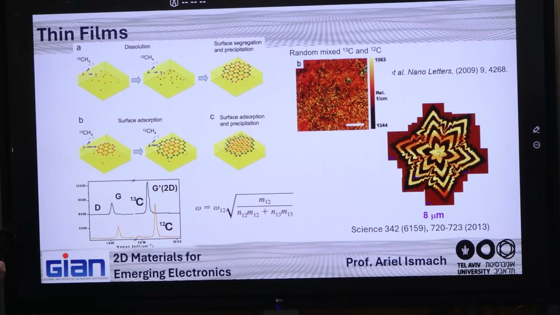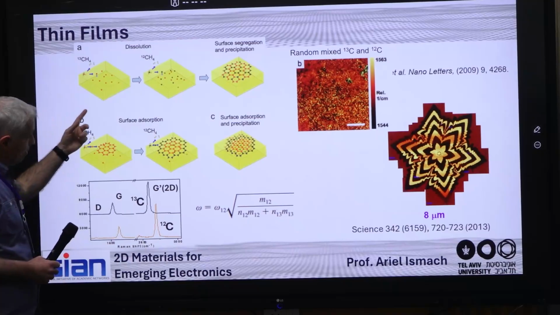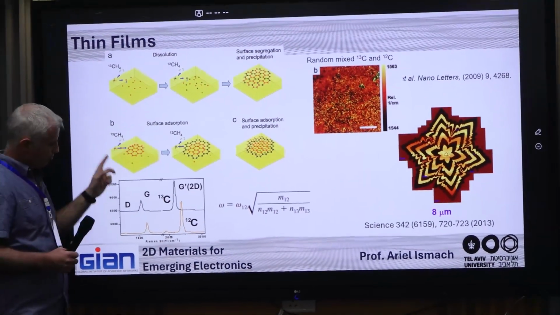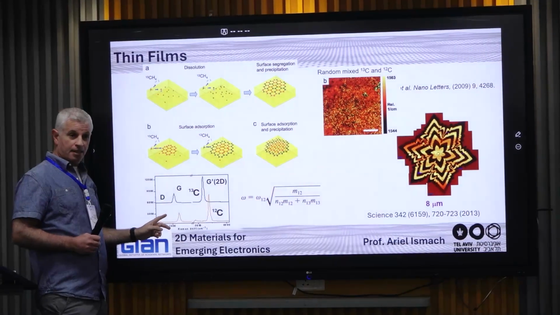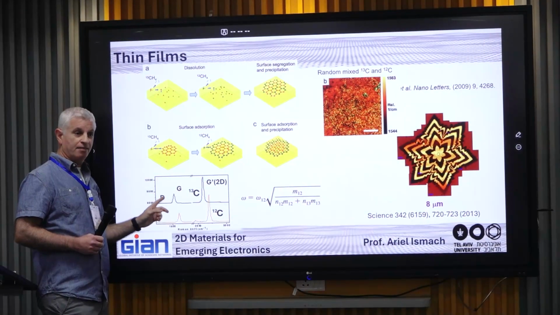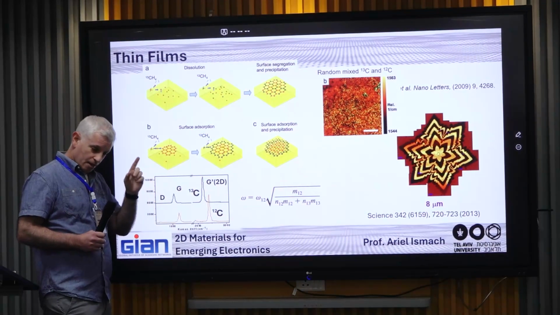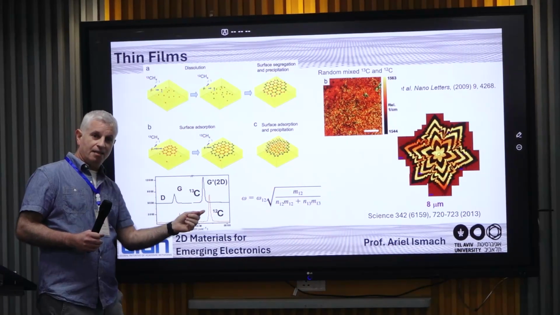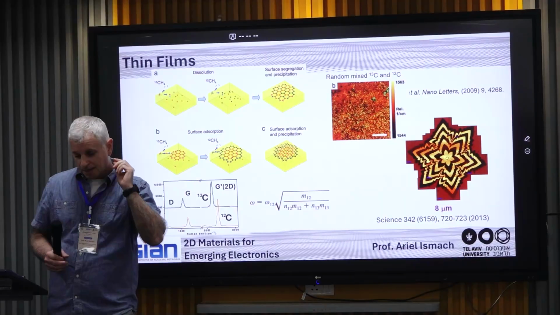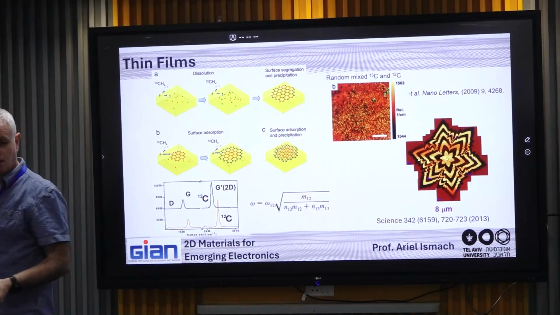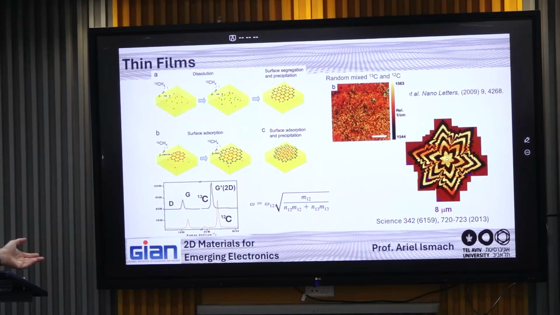The reason is that when you grow graphene with the different isotopes, you can differentiate the peaks coming from the different graphitic materials formed by the different isotopes. This is when you do vibrational spectroscopy, like Raman spectroscopy.